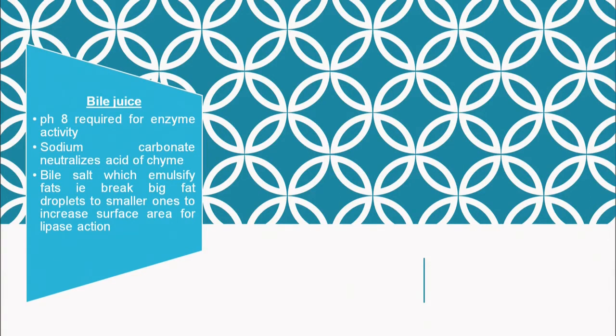So, the bile juice has sodium carbonate which neutralizes the acid of the chyme and changes the pH of the chyme from acidic to basic. It also contains bile salt which emulsifies the fat, that is, it breaks big fat droplets into smaller ones to increase the surface area for the action of lipase.